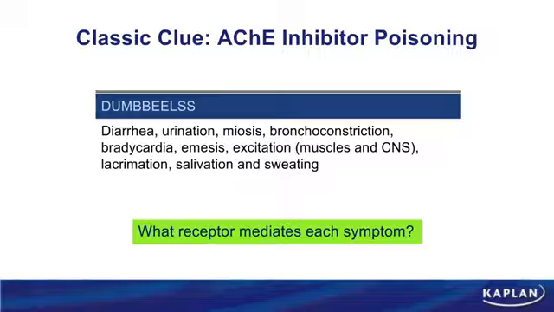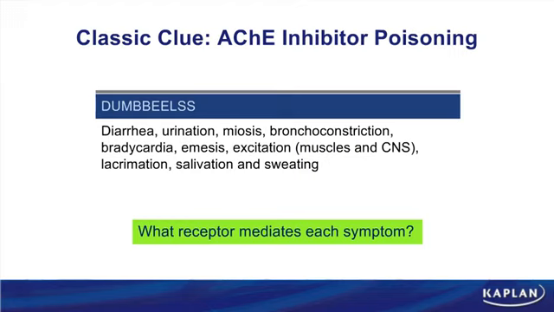Emesis, the fact that you can get some nausea and vomiting with acetylcholinesterase inhibitor poisoning, perhaps that's related to M1 receptors in the CNS. Now, excitation, we're going to skip that one just for a moment. We'll come back to that. Lacrimation. Lacrimation is M3.